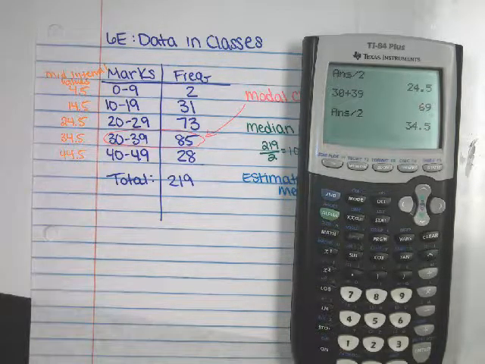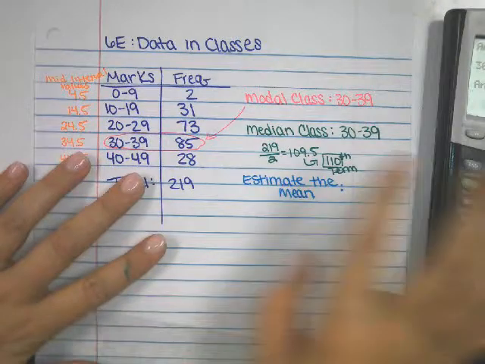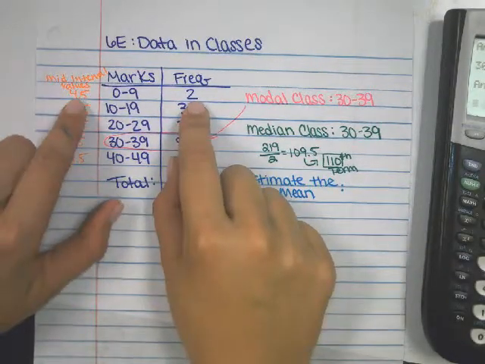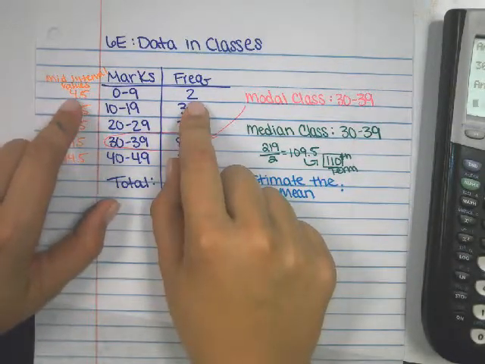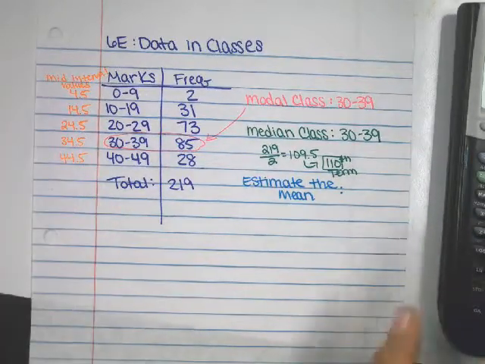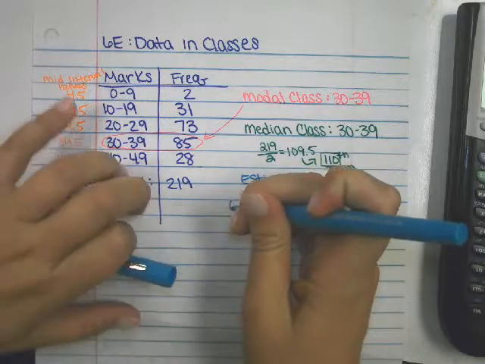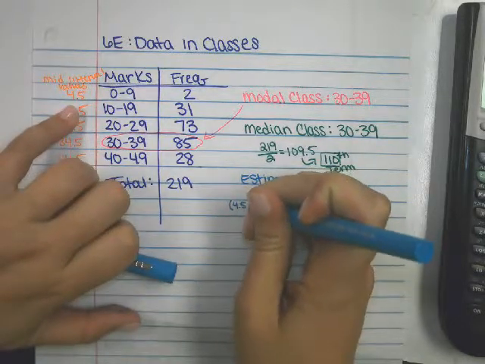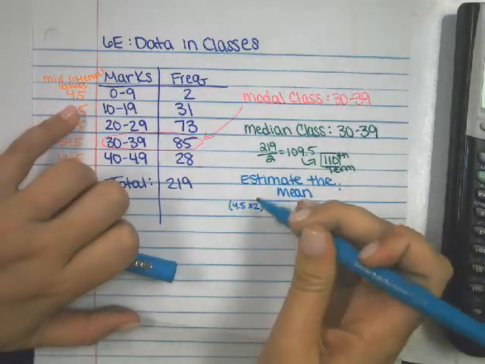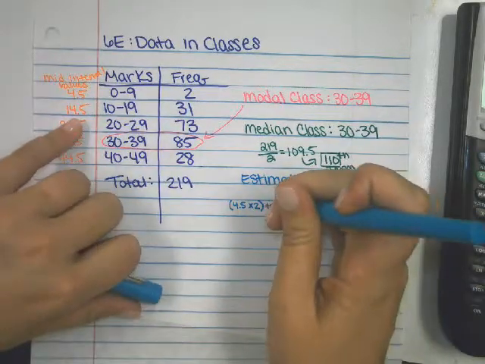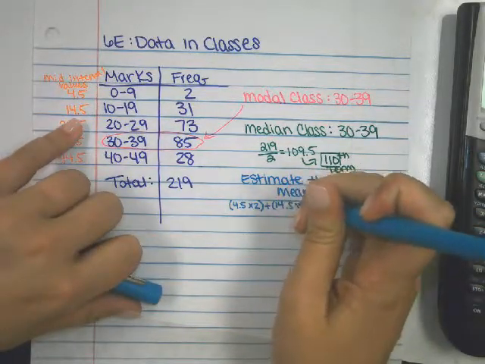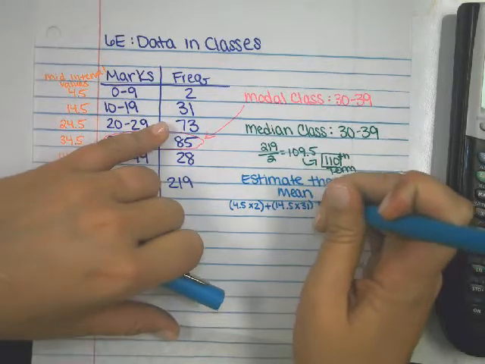Now, after you get your mid-interval values, we treat this exactly like data that's not grouped into classes. In order to find the mean, we take the frequency multiplied by the data value, and then add them all together straight down. So for my mean here, we're going to take the mid-interval value times the frequency. So 4.5 happens twice, plus 14.5 happens 31 times.